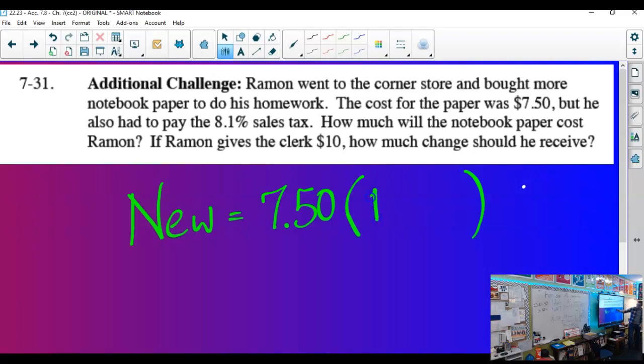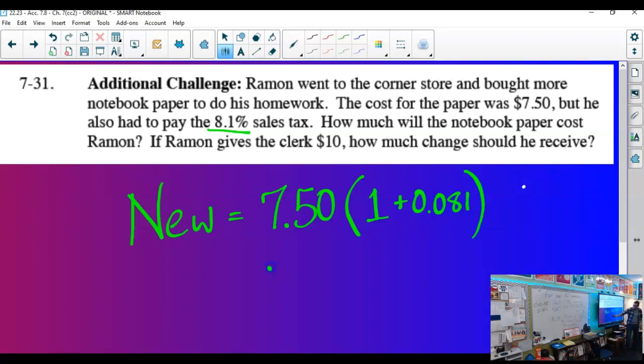So you automatically pay for the price of the notebook. Yes. And what else? The sales tax. And because it's 8.1%, it's actually 0.081.